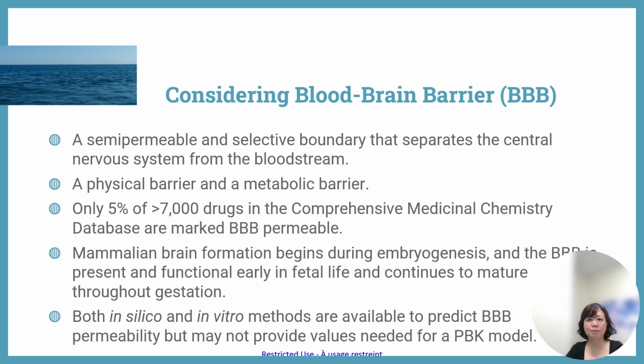For example, tight junction proteins are present in the developing human brain as early as 12 weeks of gestation. While there are both in silico and in vitro methods available to predict blood-brain barrier permeability, they often do not provide the quantitative values needed to parameterize a PBK model.